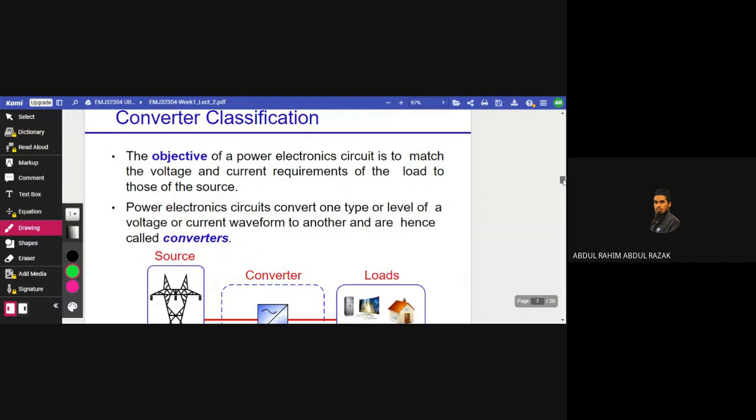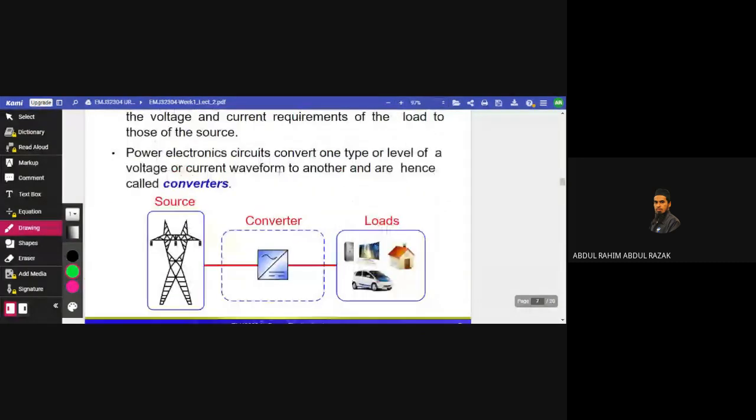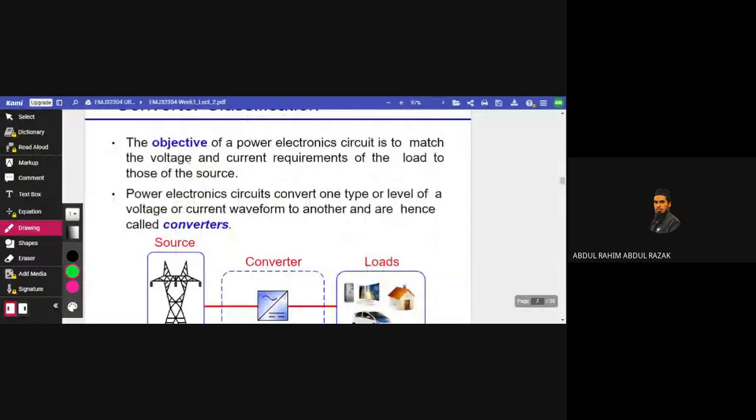So how to convert from AC to DC? The converter will come into action. You can see here, the objective of electronics is to match the voltage and current requirement of the load. Because the load needs DC, the incoming is AC.